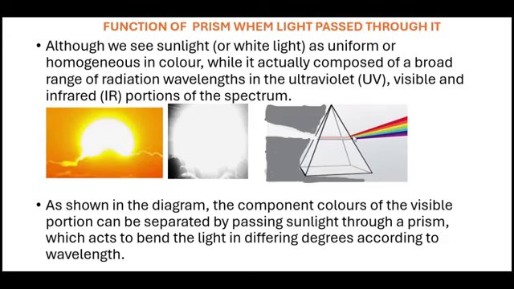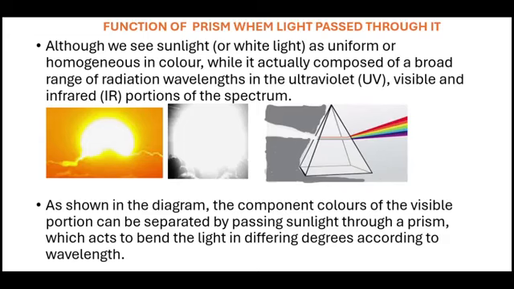Looking at this diagram, when light passes through a prism, there will be a diffraction which will separate the different colors from the visible light, showing that visible light has different colors in it.